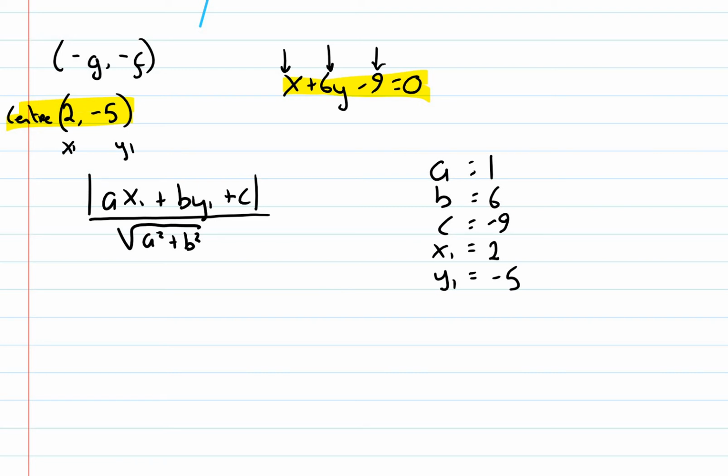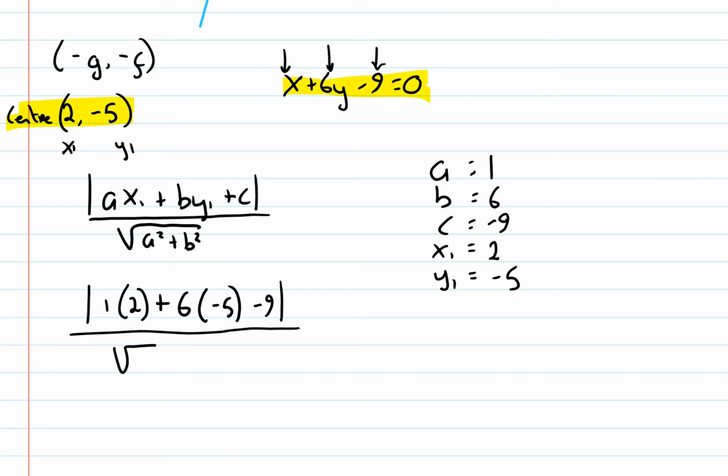Slot it into this formula, and we'll get 1 times 2 plus 6 times minus 5 plus minus 9, which is minus 9, and that's all over the square root of 1 squared plus 6 squared.